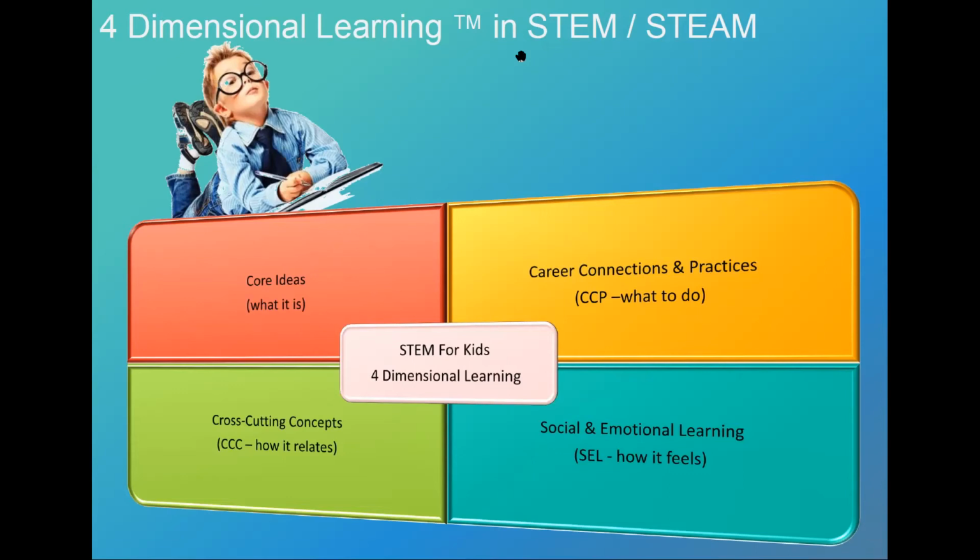Okay, let's talk about the fourth dimension, which is the social emotional learning. It is so intense, so powerful. We cannot overlook it. And by the way, that's the area we see most of the times completely ignored, unfortunately. Social emotional learning, that's basically comes down to how it feels to the child.